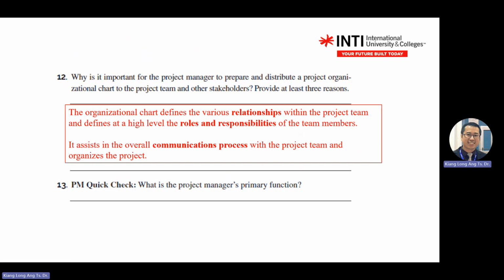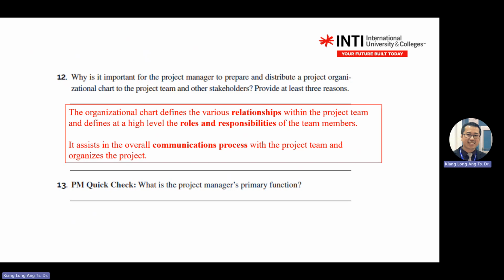So it tells you relationship. Just now you tried to explain this by using pathway, but pathway is not a good word. The answer is: various relationships within the team, roles and responsibilities, and how you communicate in the organization.